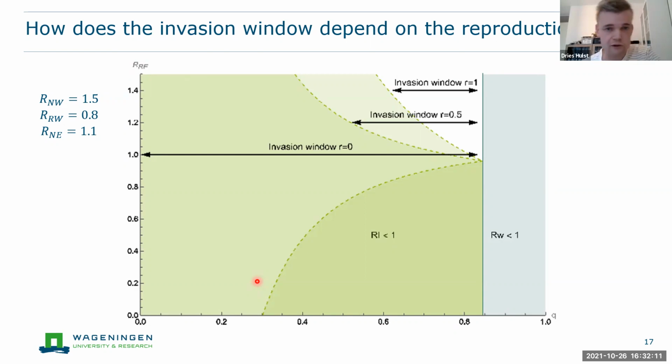So that means that when there's no cross resistance, it can always spread. But then what you see here is when the reproduction ratio of this escape mutant in resistant hosts is below 1, in fact, the selection also works against this escape mutant.